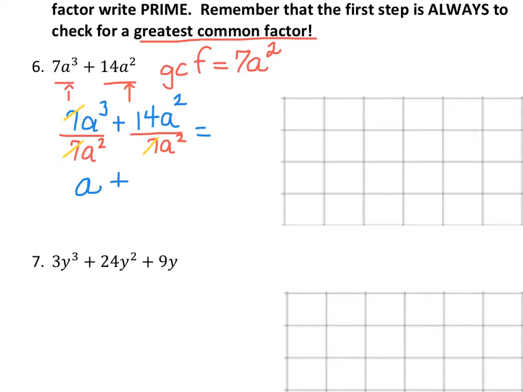And then 7 goes into 14 2 times. And a squared over a squared cancels each other out. They become 1. And so this is a squared, or a plus 2, but don't forget your greatest common factor. So the factorization is this factor plus your greatest common factor.